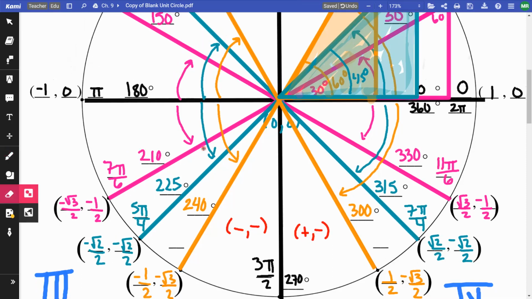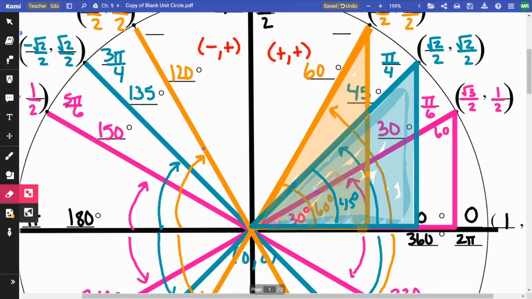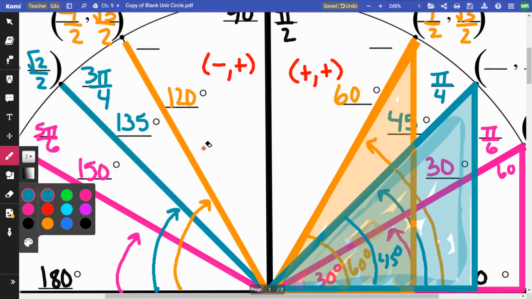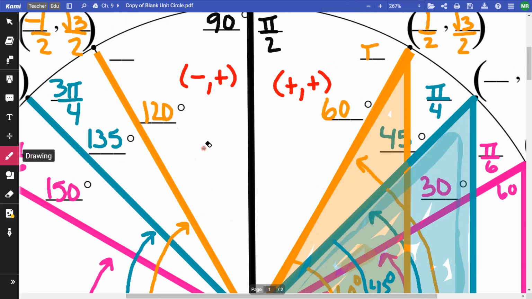My 60 degrees. Well, how many 60s in 180? 3. 3 sixties in 180. So my orange one here is going to be pi over 3, because a third of 180 is 60. So a third of pi is pi over 3.